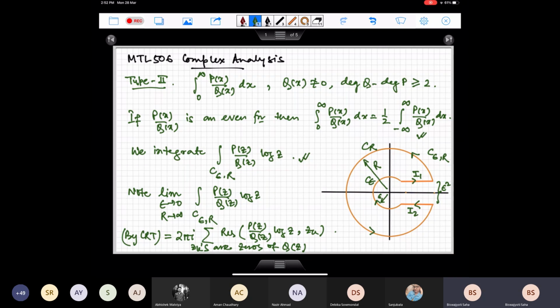So if you have the same contour centered at A, and if you modify your logarithm by log of z minus A, you will get exactly the same analysis going through. Okay. And whatever estimates for epsilon and r that we did, up to a shift, everything works absolutely fine.